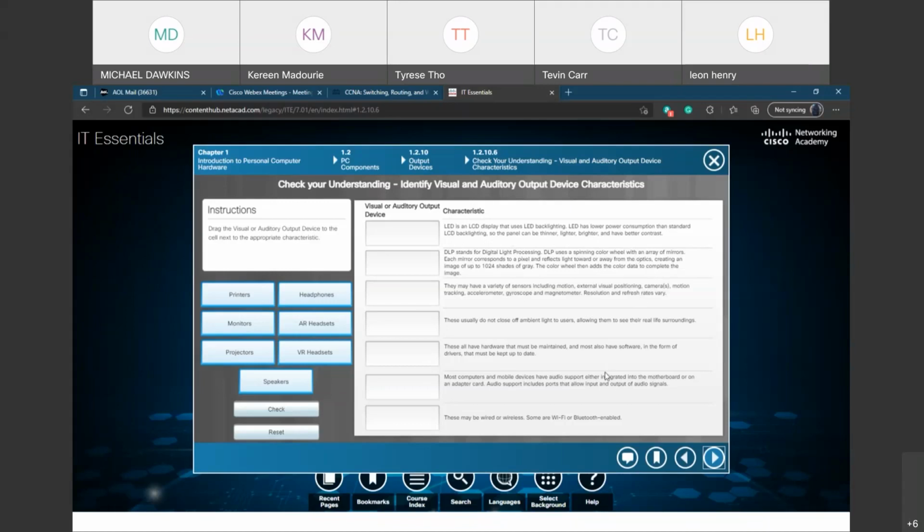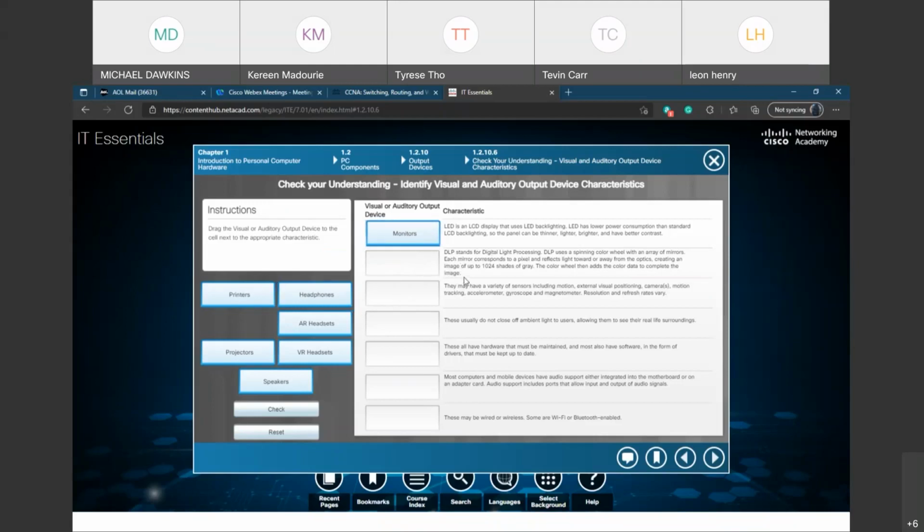Which one is that? Monitors or projectors? All right, let us take the final answer. Monitor. So we're going to stick with monitor.